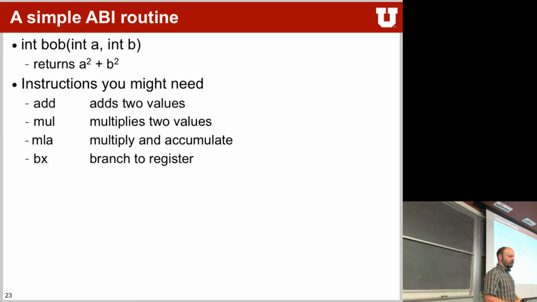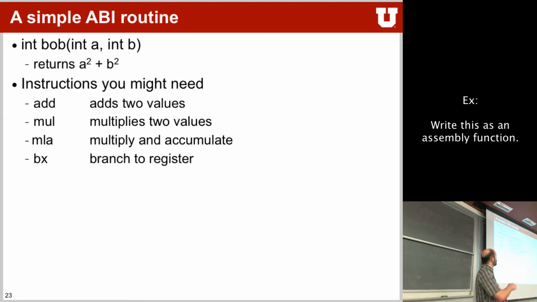We have this int bob, int a, int b. Let's assume this just returns a squared plus b squared. These are the instructions that you have. Try to write this as an assembly function according to the ABI. Try to use it with the different registers. How would this look?